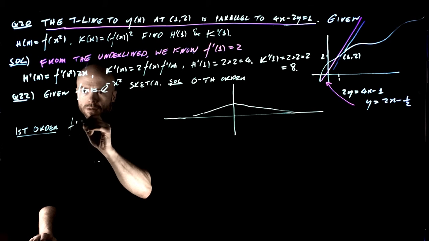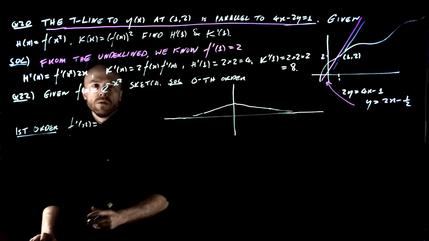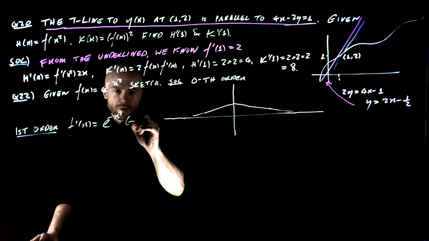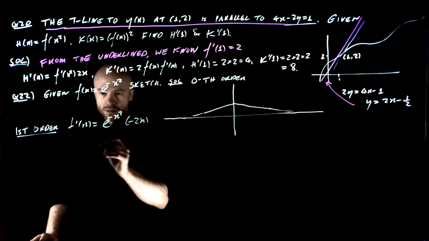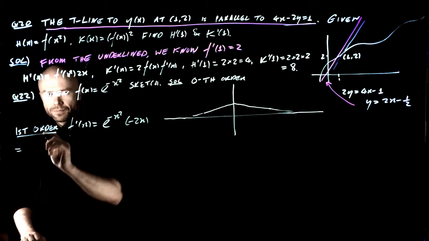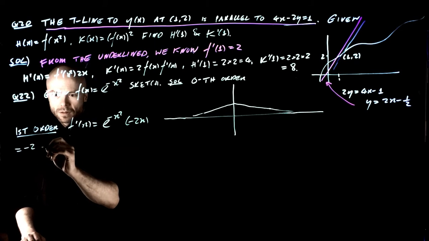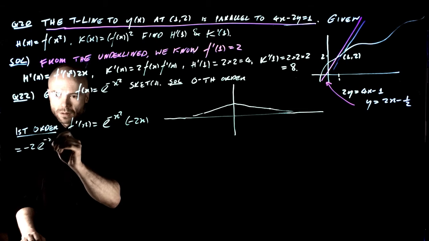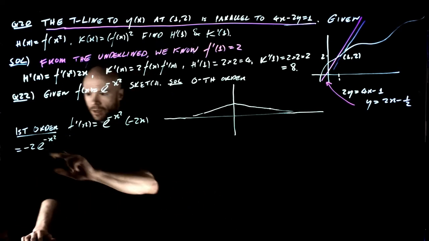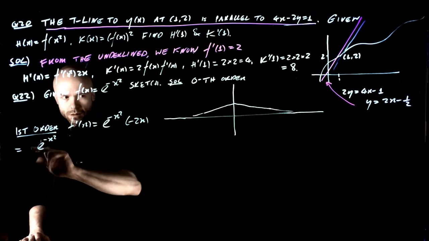So apply the chain rule. Differentiate the outer function, we just get the same thing. Differentiate the inner function, we have minus 2x. So this is just equal to minus, okay. And I forgot to put the x here.